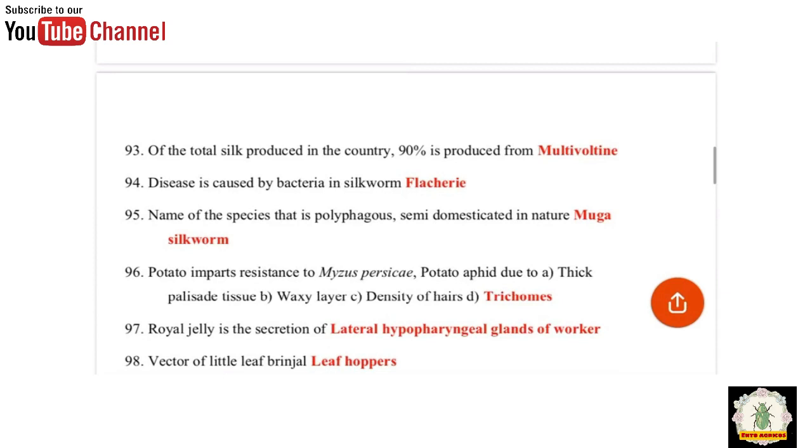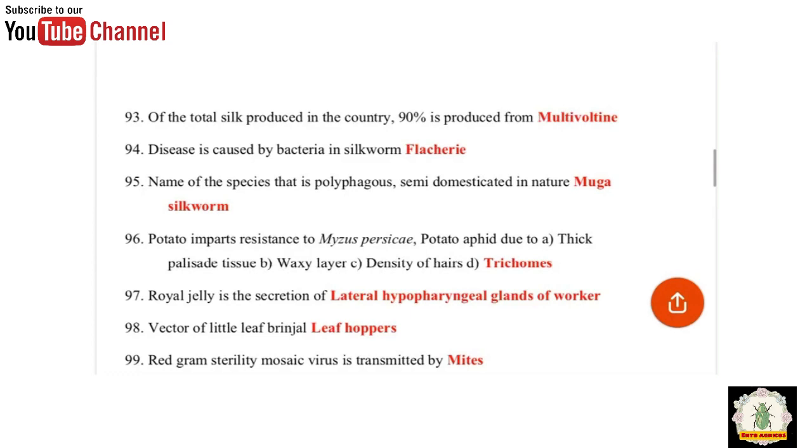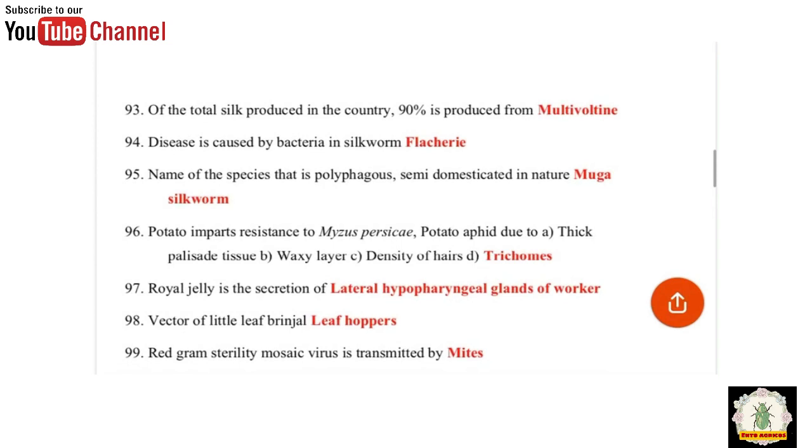So the vector of the little leaf of brinjal is leaf hopper, and the scientific name of the leaf hopper is Cestius phycitis.